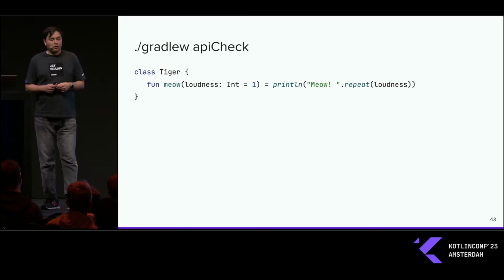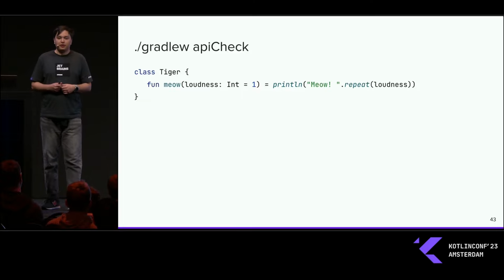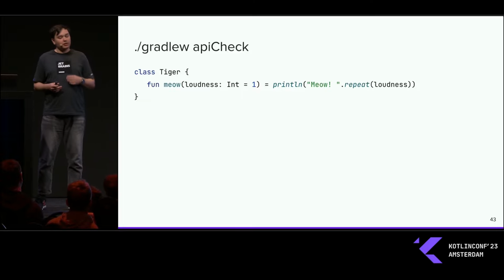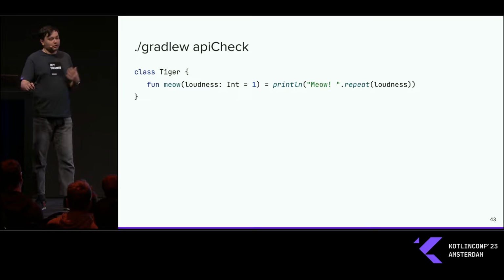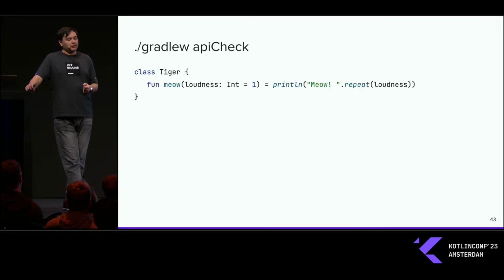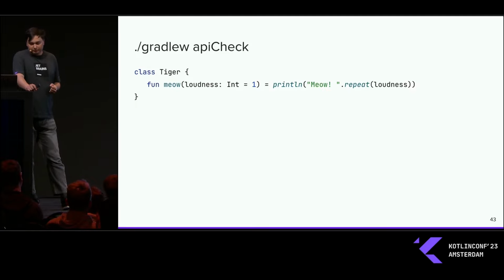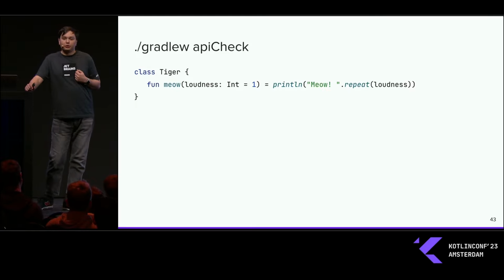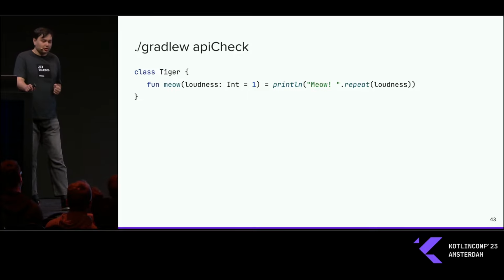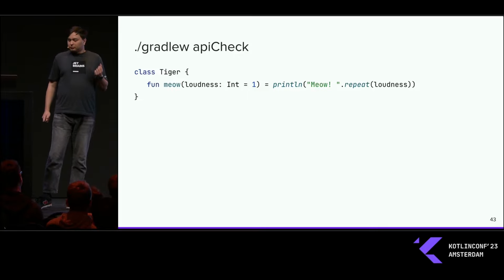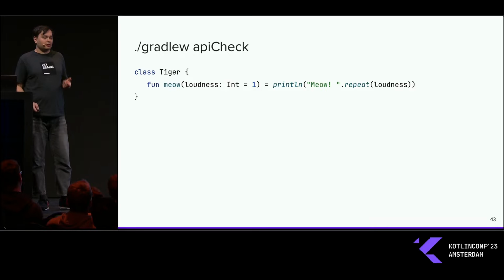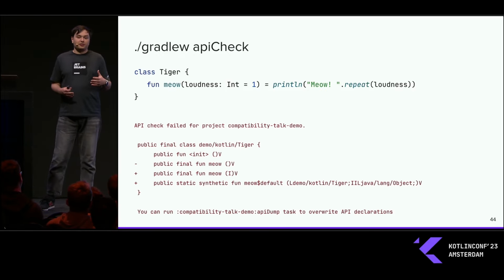So how to use it in the daily routine? Imagine we have now done some refactorings, and we added a loudness parameter to our fun meow. And as we just learned, we know that this is a binary incompatible change because it changes the signature. So when we invoke the API check task with this change, it gives us an error.